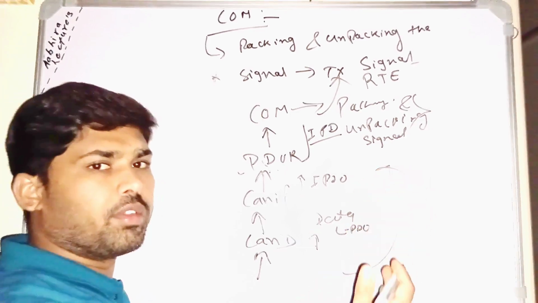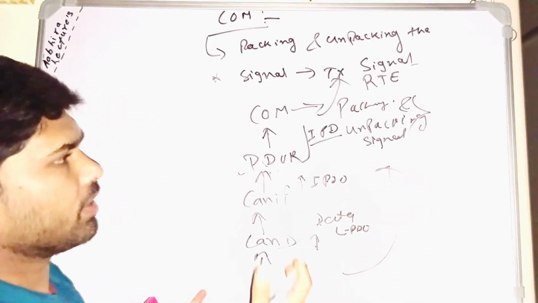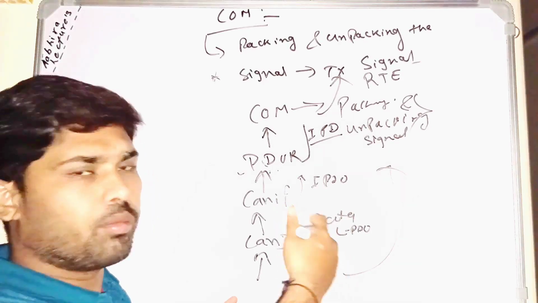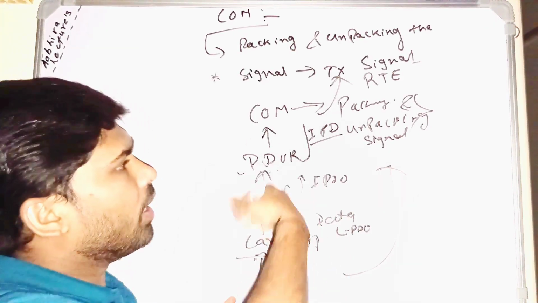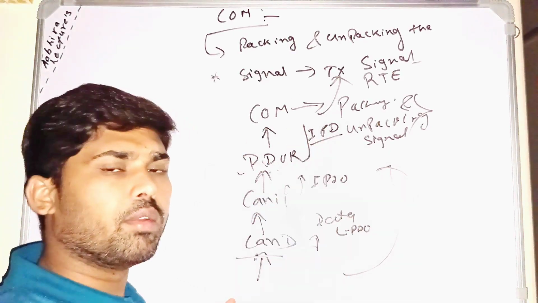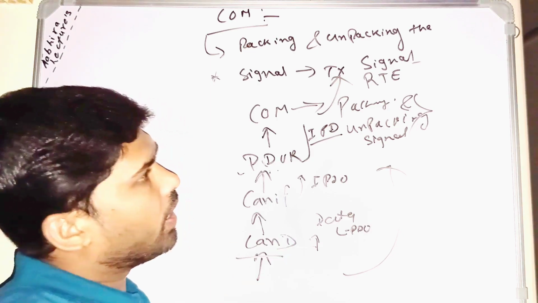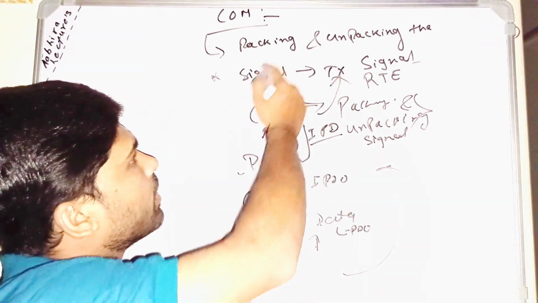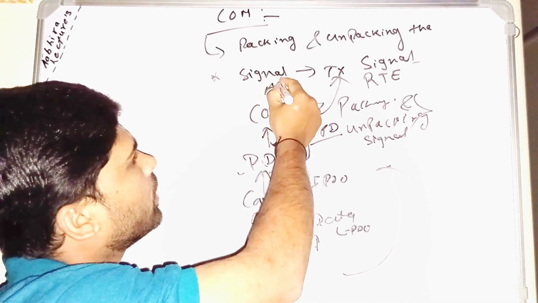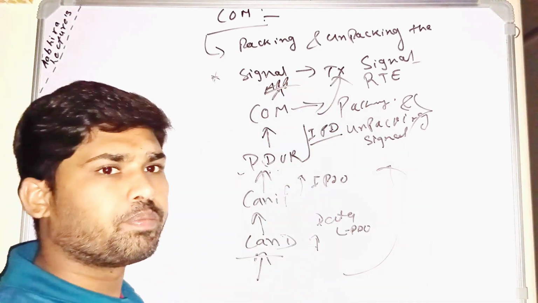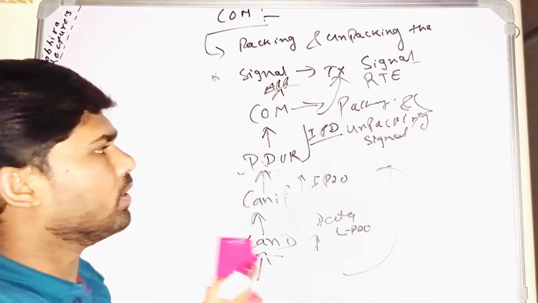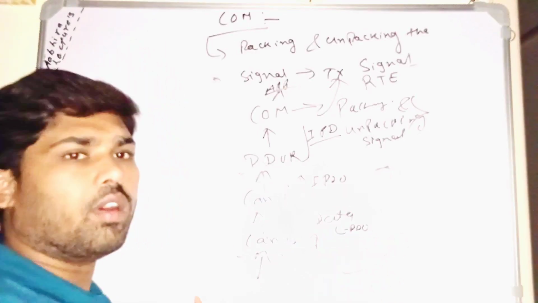If you saw my previous video which I uploaded, I explained all things: the data will move from the bottom, and after COM the signal will transfer through RTE to the application. So this is the RX flow.